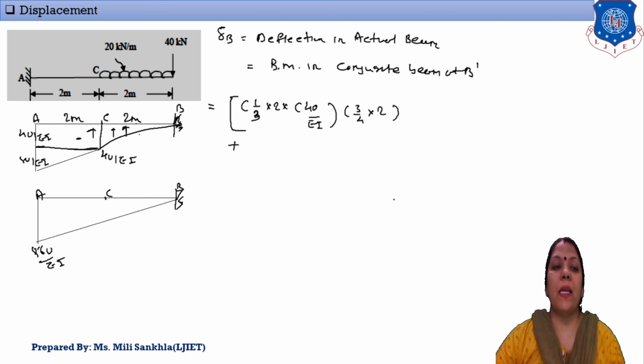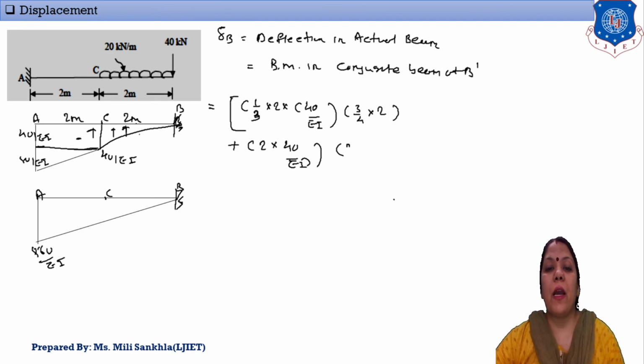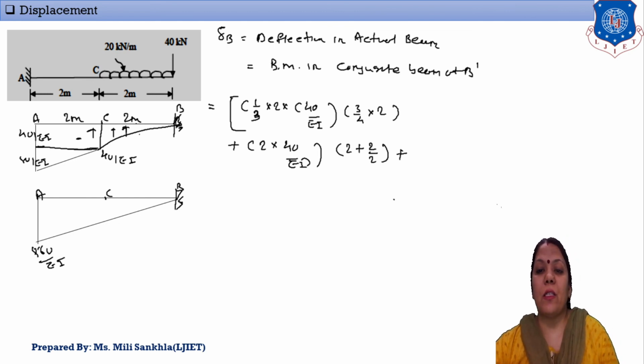Now the second is our rectangle section, 2 into 40 by EI, and take CG from this B point. First add extra distance 2 and then 2 by 2. Then again our triangle section, 1/2 into 2, and height is given 80 by EI.